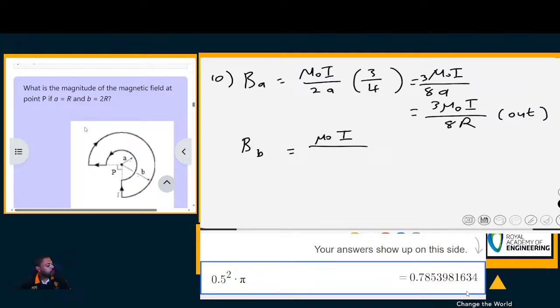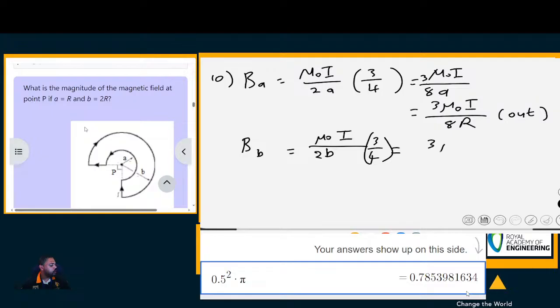So that's out of the page. For the other, mu naught over 2 times the radius, still the same general formula. But in this case, what is the radius? It's not A, it is B. And that is also 3/4 of a circle.